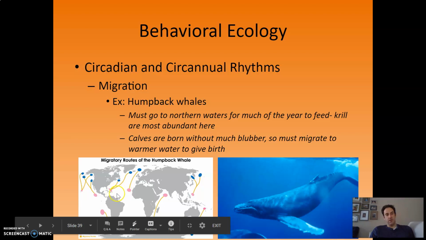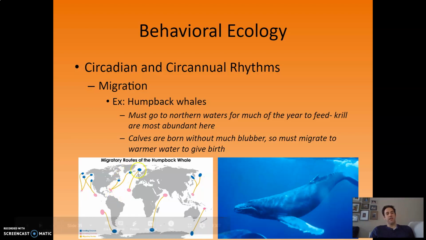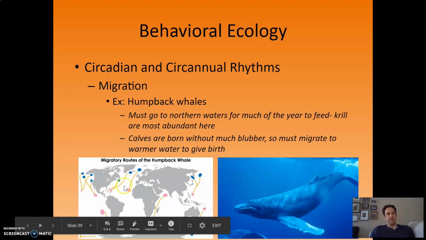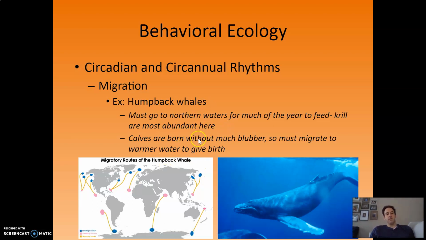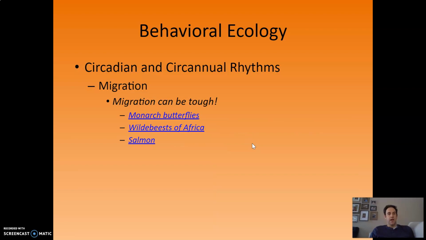And then once the calves are large enough, they migrate back up to take advantage of the feeding area because mom is living on fat when she's down here and can't continue to do that forever. And so these humpback whales literally migrate halfway across the world every single season because of this tension between the need to feed and the need to have babies.